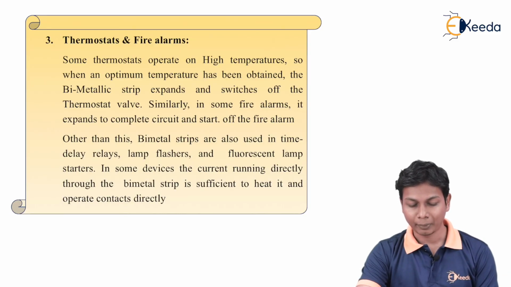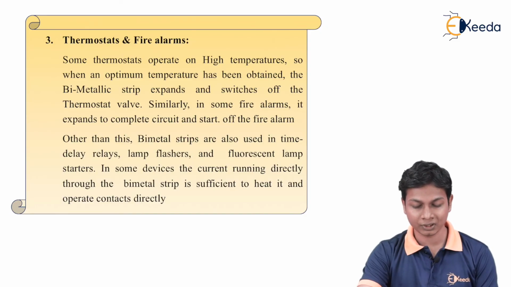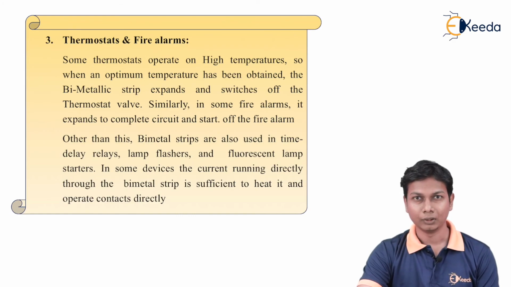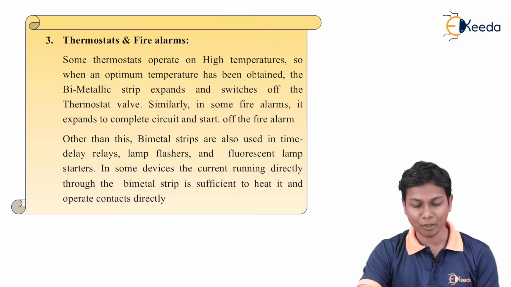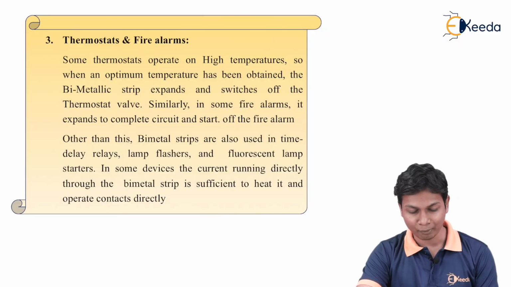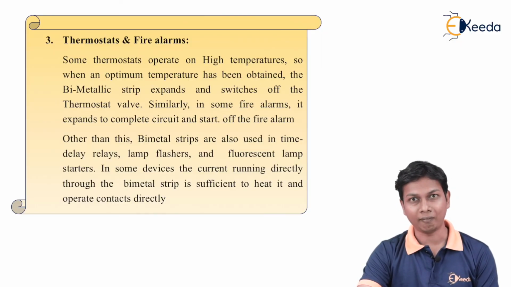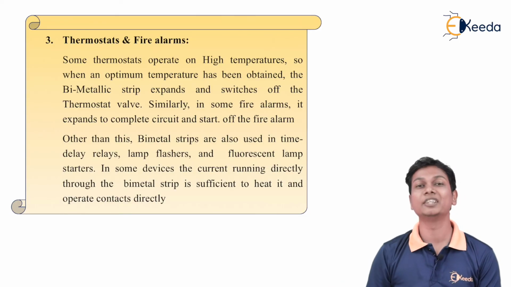Other than this, bimetal strips are also used in time relays, lamp flashers, and fluorescent light starters. In some devices, the current running directly through the bimetal strip is sufficient to heat it and operate the contact directly. So in fire alarms it can be operated directly, and it can be operated through the fluorescent lamp or the lamp flashers. So it is also a thermostat.